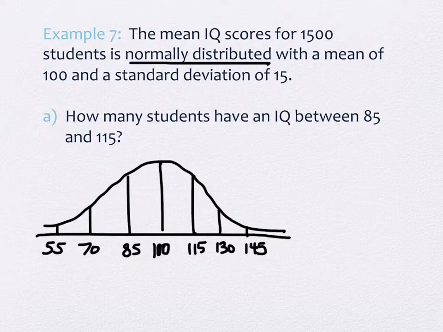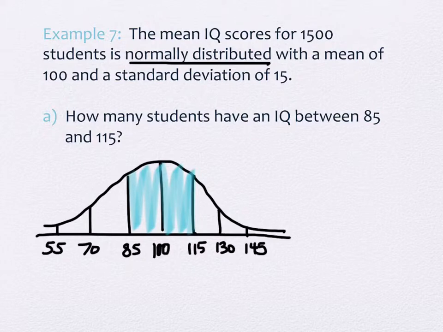This says between 85 and 115. Okay, so what percent of the data lie between 85 and 115 on the IQ scores? I promise it's not a trick question.